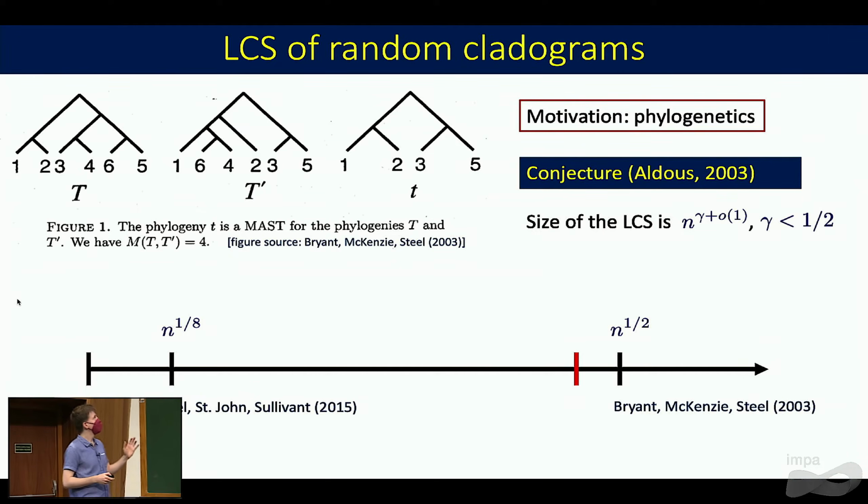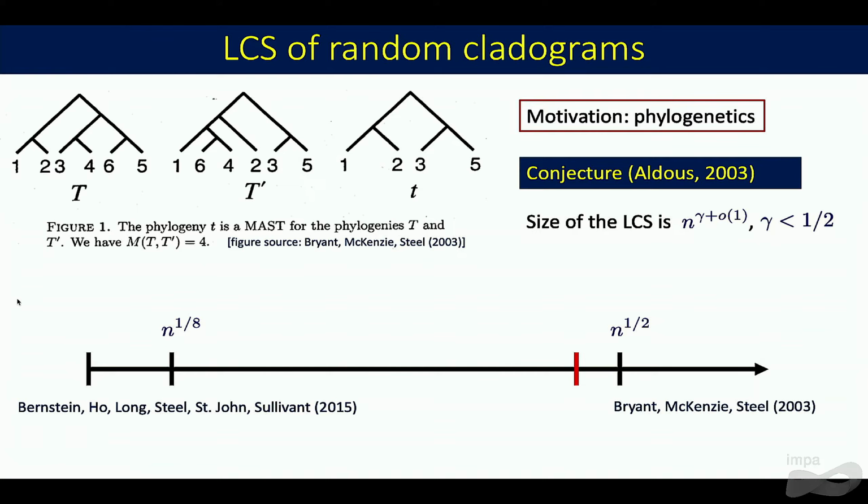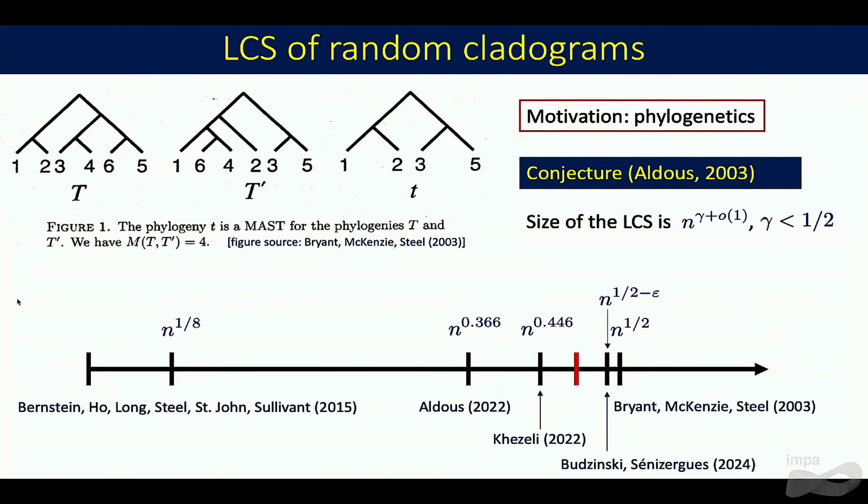Then there was a work about 10 years ago, an n to the 1/8 lower bound. Aldous proved n to the 0.36. Caselli proved n to the 0.44. And then just very recently, Budzinski and Sinizerg broke this square root n barrier and proved an upper bound of n to the half minus epsilon, where this epsilon is something really tiny.